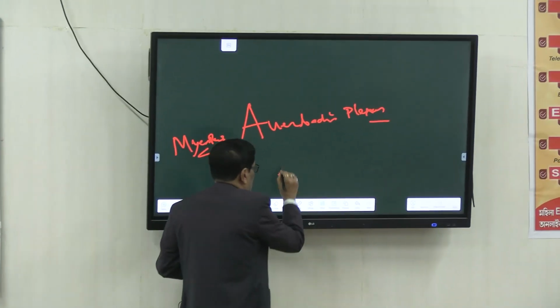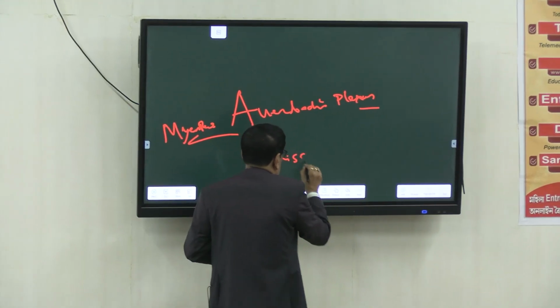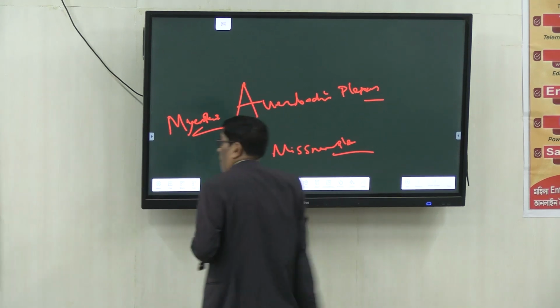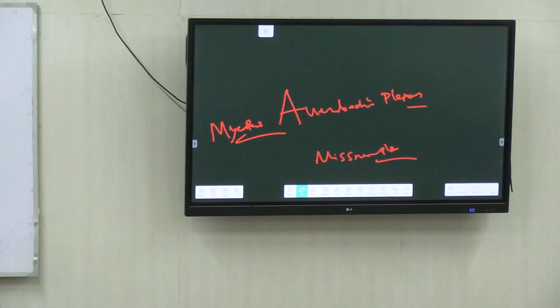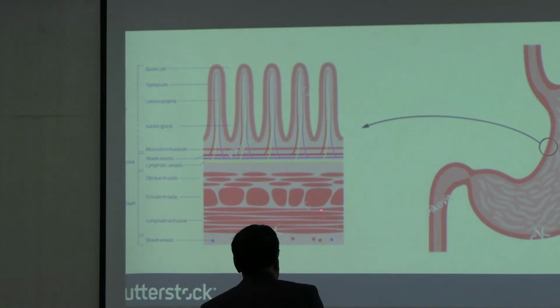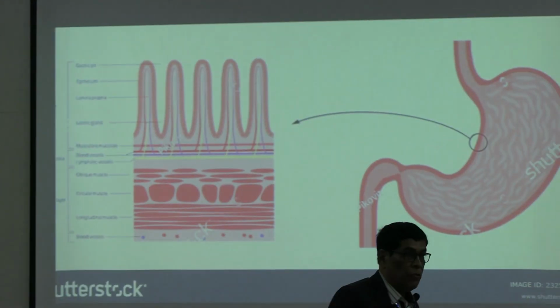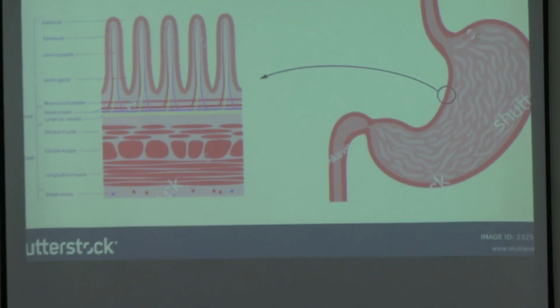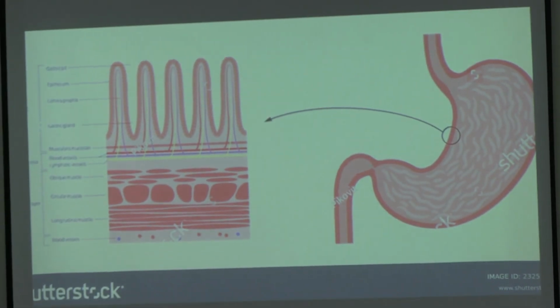Another is Meissner's plexus. Myenteric plexus you will see in between this circular muscle and longitudinal muscles. Alright, this causes the motility of the stomach and intestines.